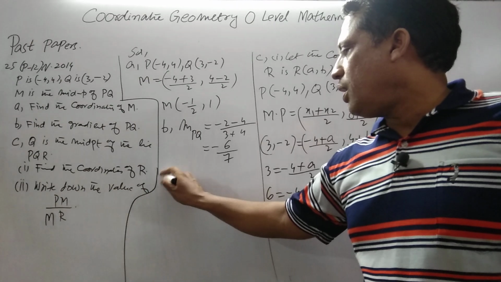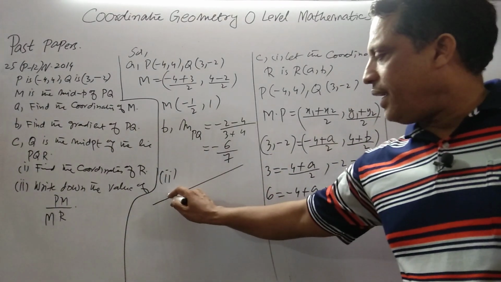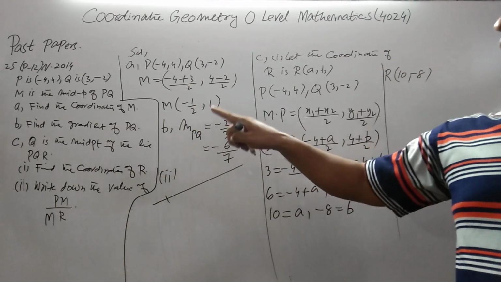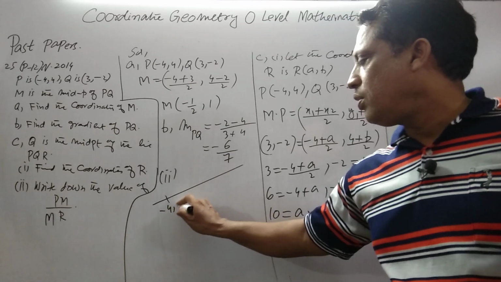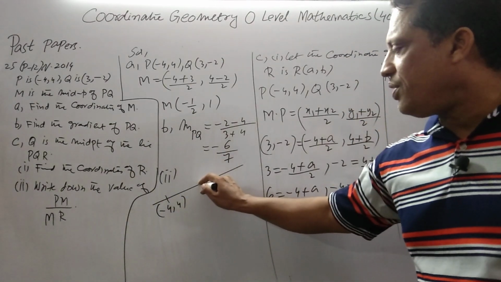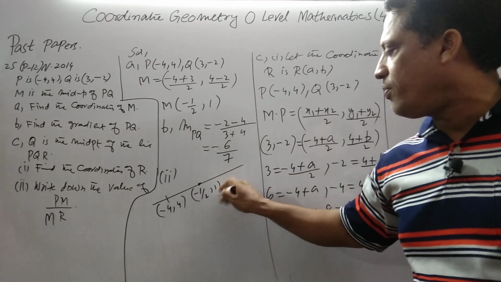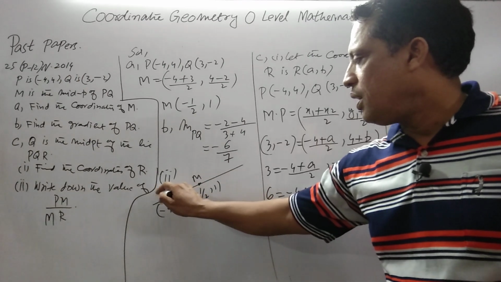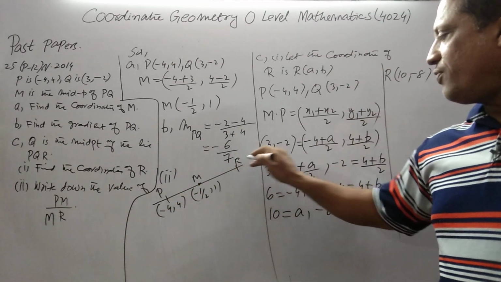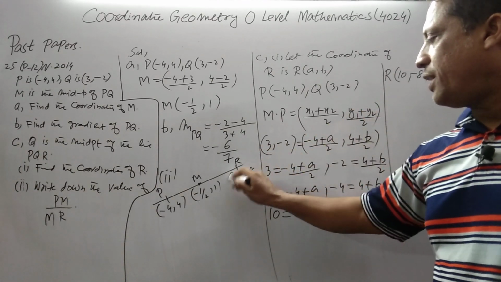From part 2, if we draw a line like this, and this is P, our P is (-4, 4). What is M? We just found the value of M is (-1/2, 1). This is M, this is P. And what is R? We just found the value of R, which is (10, -8).